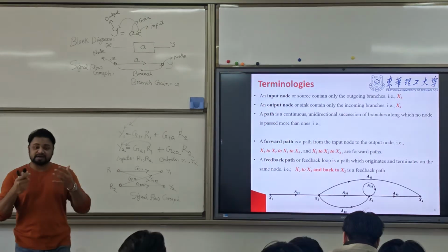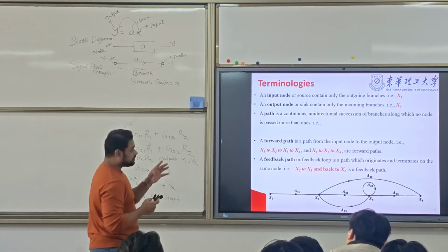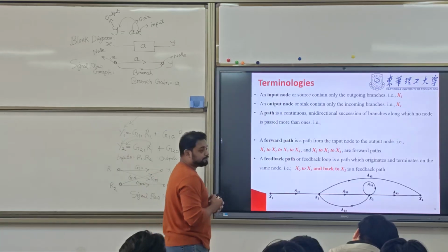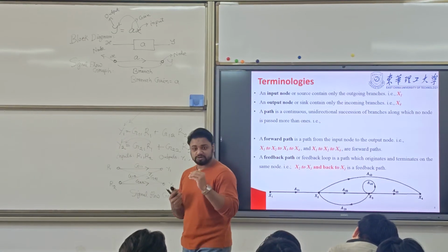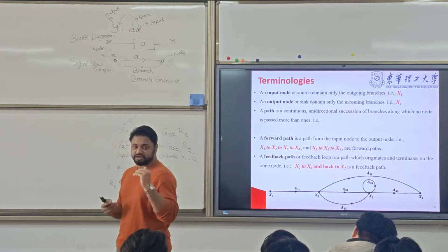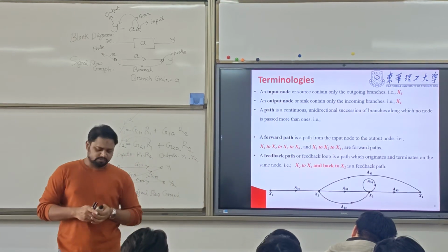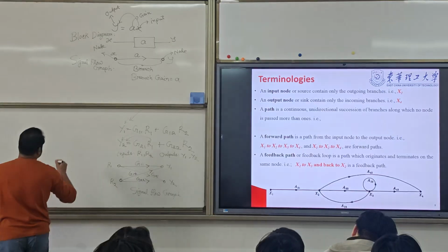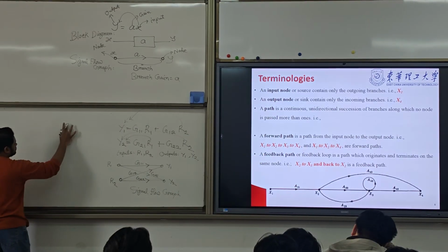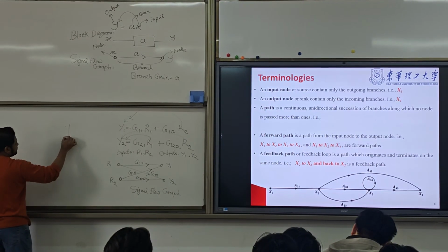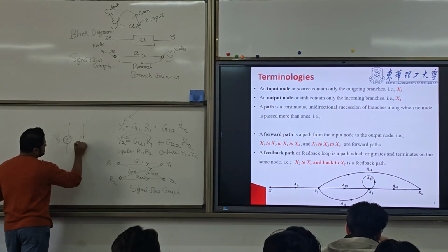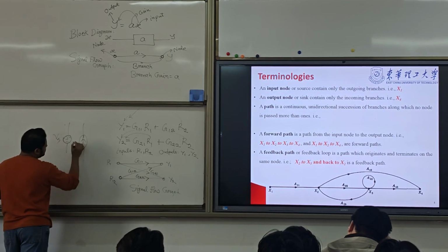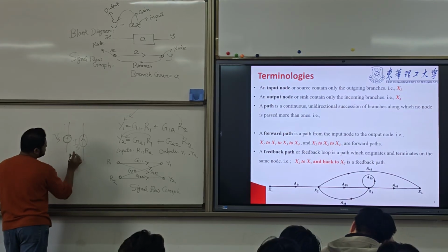Now we will discuss everything. First of all, the input node. Input node, we call it source. Where the signal will start, that is called source. Here, this is the voltage, plus minus Vs. This is current, Is.